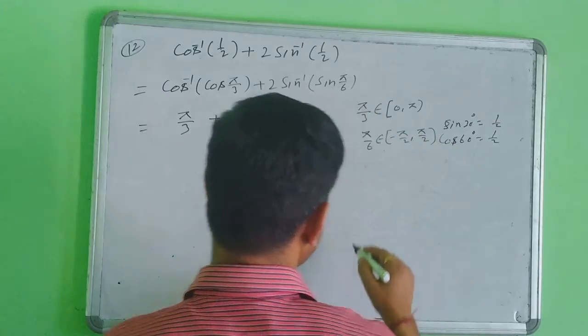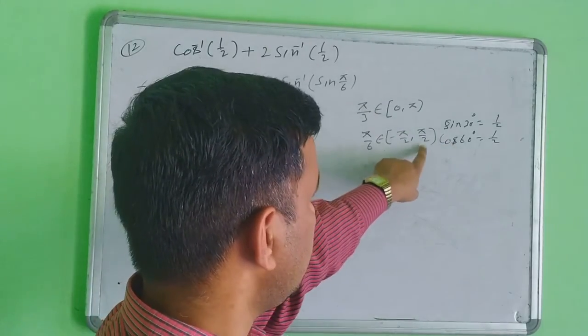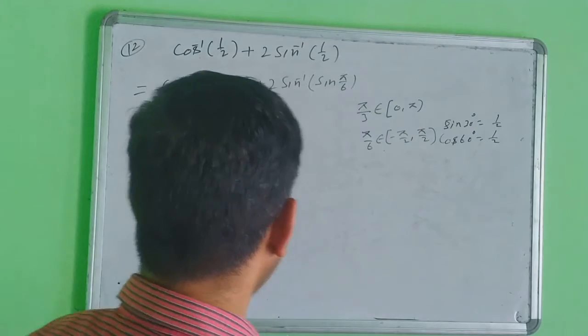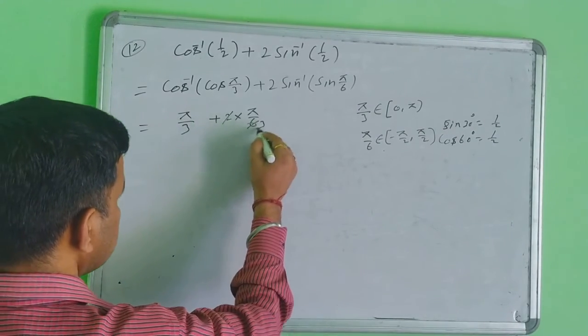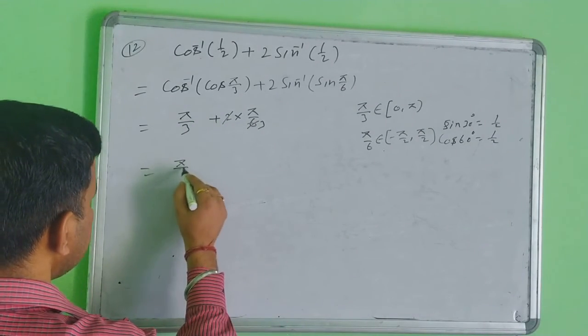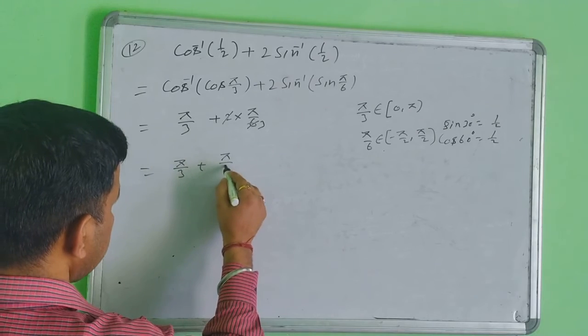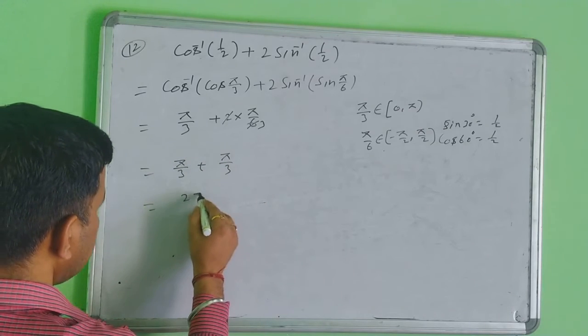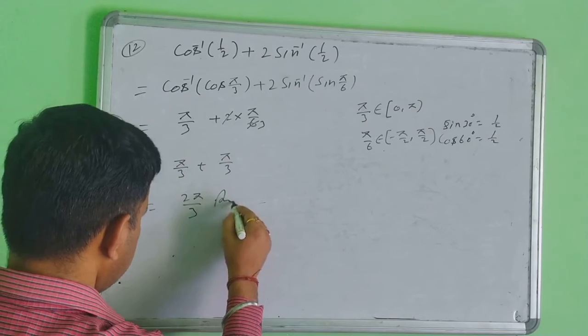This is plus 30 degree, and this is the ending value 90 degree. Then you will calculate: 2 threes are 6, so pi by 3 plus pi by 3, then we have 2 pi by 3. And this is your final answer.